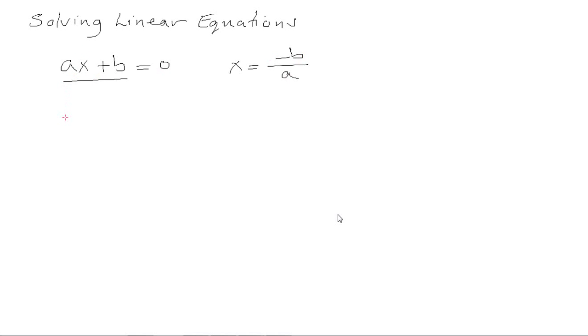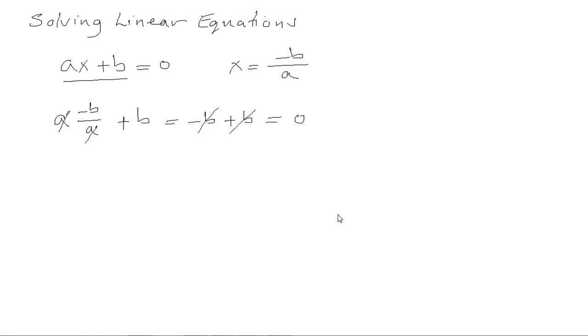So I have a, and instead of x, I'm going to replace x with its value, that is minus b over a, plus b. Now you can see a cancels a, and then I'm left with minus b plus b, which cancel each other, and I'm left with 0.